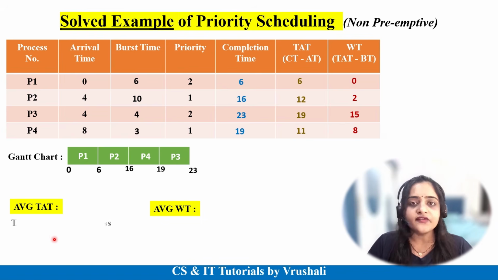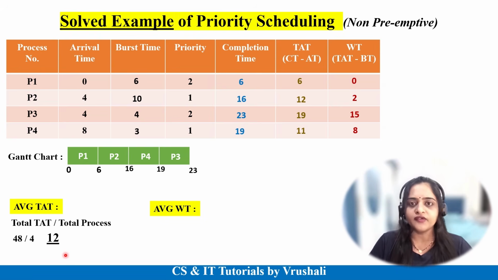The next one is average turnaround time, and the formula is total turnaround time divided by total processes. So just add all these, like 6 plus 12 plus 19 plus 11, that is 48, and the total number of processes is 4. So 48 divided by 4 equals 12. This is the average turnaround time.